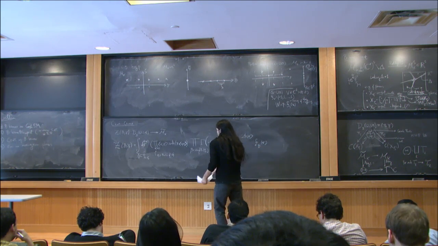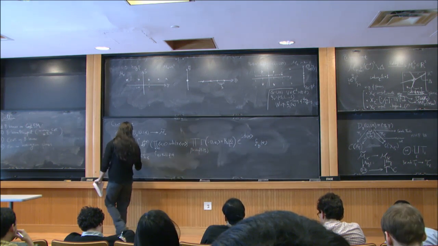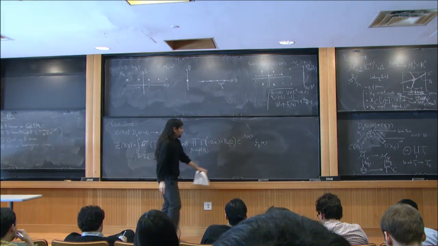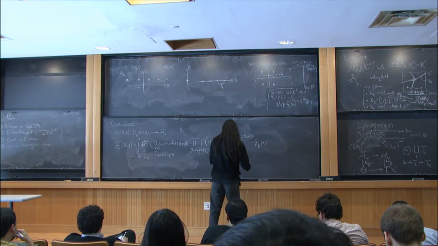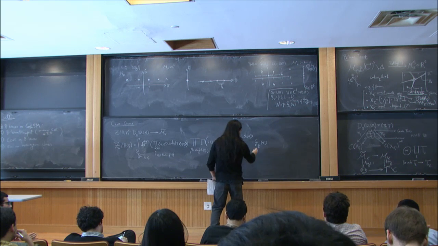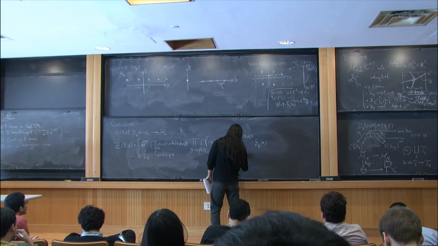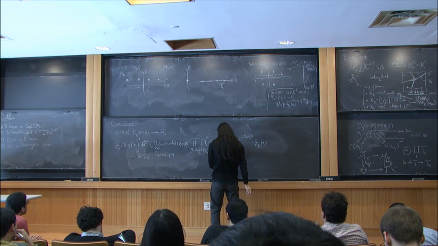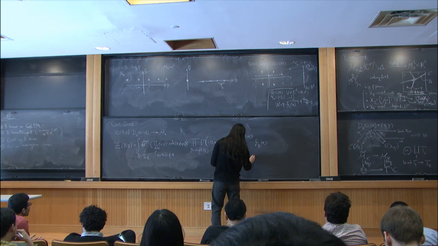The gamma enters in the integral, and the B enters in this function f of V, which is actually a very simple thing. It's just a character.